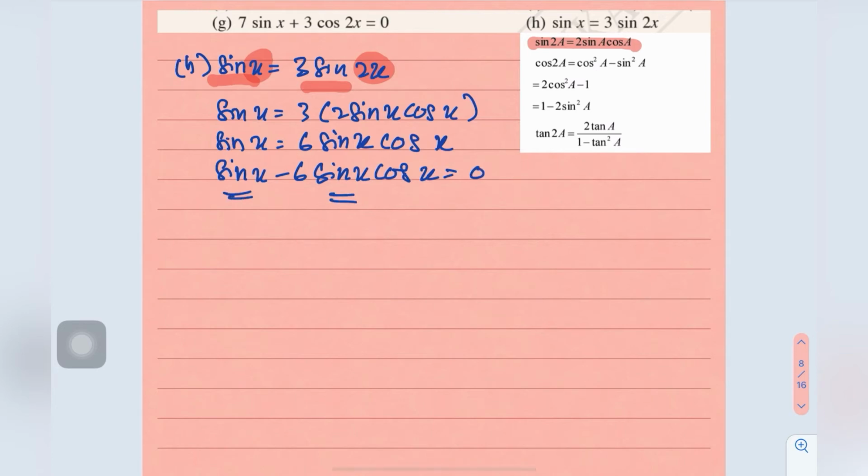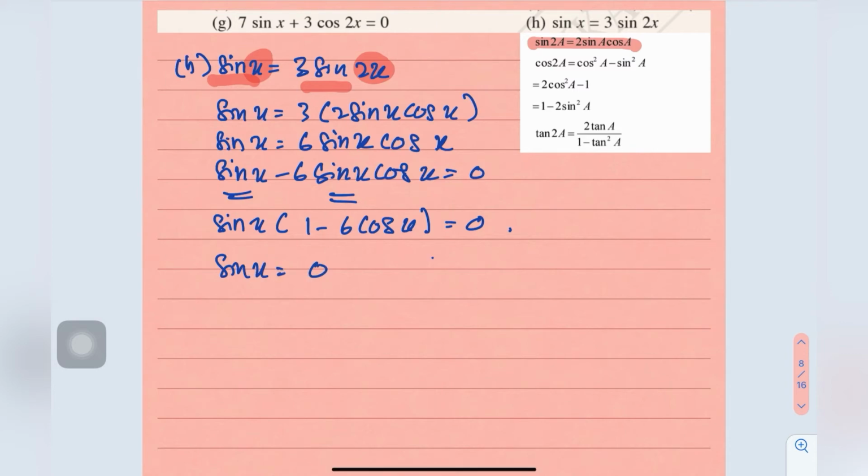The common factor is sin x, so we factorize and move it out. So sin x times (1 minus 6 cos x) equals 0. Then we solve: sin x equals 0, and another one, 1 minus 6 cos x equals 0, so cos x equals 1 over 6.